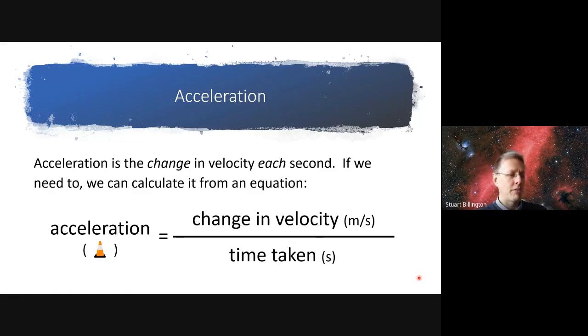We're going to have to fill that in a second, but it's just something we need to be a little bit careful about. And if you want to save yourself some writing, instead of writing the word change in, you could write a delta if you wanted to with a triangle. So you could write acceleration equals delta V over delta T if you are mathematically inclined.